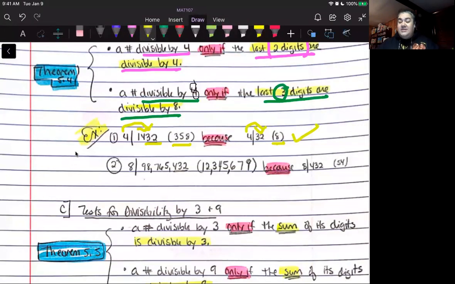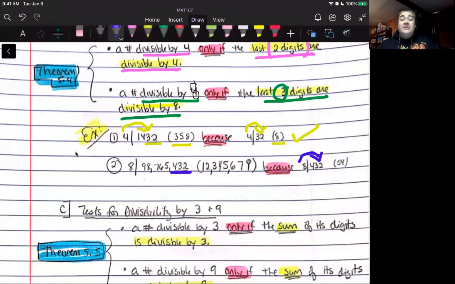Then, if we check to see the divisibility by 8, okay, here's the number they gave us. We're going to check the last 3 digits. According to the theorem, that's what we have to look at. The last 3 digits create the number 432. So we go over here and we check. 8 goes into 432, and you can put that into your calculator.